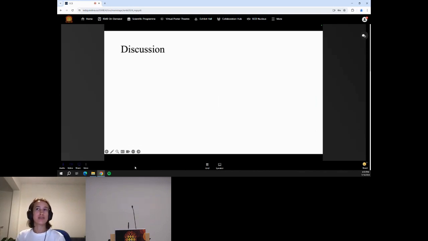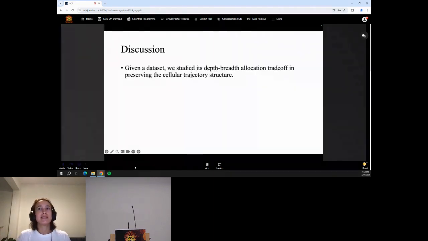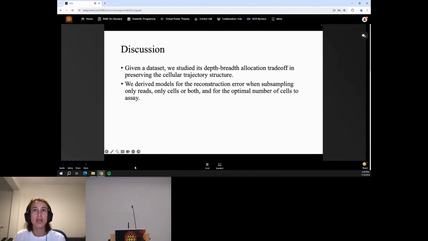Okay, so just to summarize and also give some outer perspective, we presented here our study of the depth-breadth allocation trade-off in preserving the cellular trajectory structure of a given dataset. We derived models for the reconstruction error when subsampling only reads, only cells, or both, and for the optimal number of cells to assay.